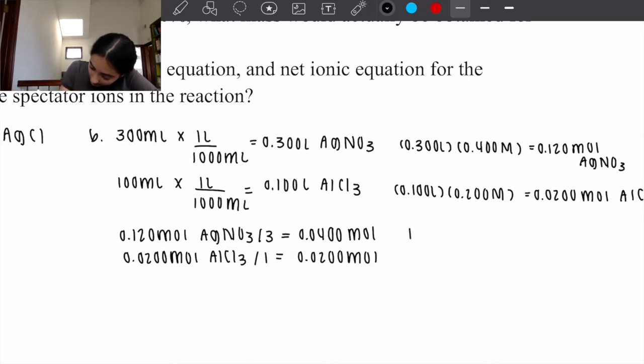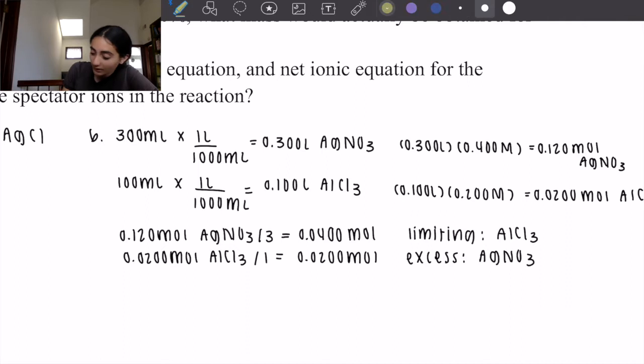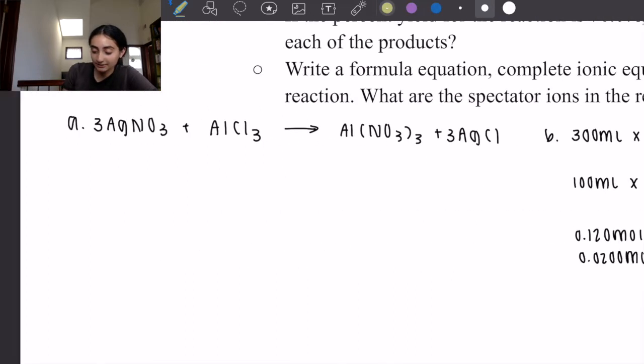So our limiting reactant is AlCl3, and our excess reactant is AgNO3. So now we know what we want to use in future calculations.